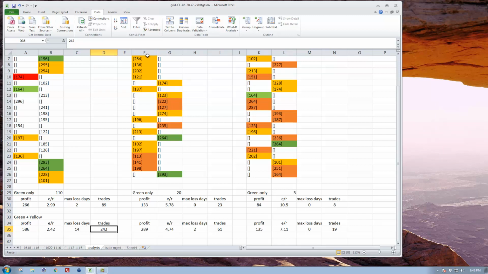Over the last 4 weeks, here's what it looks like. So 289 on 61 trades, max loss days of 2. So this is the number I tend to focus on the most, or almost the most: what's the percentage of max loss days. All right, because for the retail trader, when you're just getting hammered day after day, you just end up giving up.